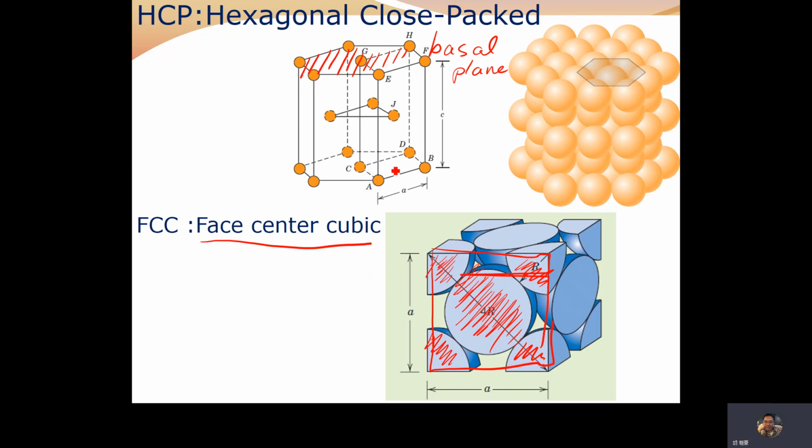Let me give you a review. For the HCP structure, what's the bonding between these two atoms? This is bonding 1 and this is bonding 2. Which one is stronger?